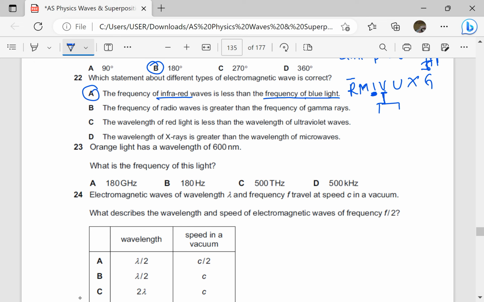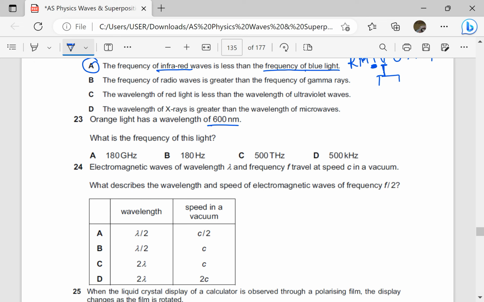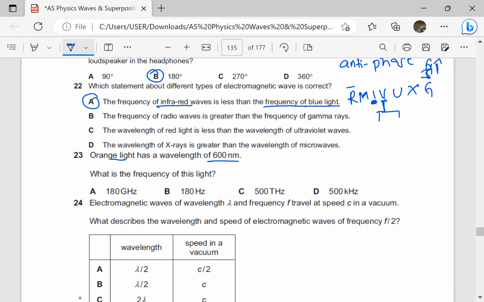Orange light has wavelength 600 nanometers. What is the frequency of this light? If it is light, we know the speed.